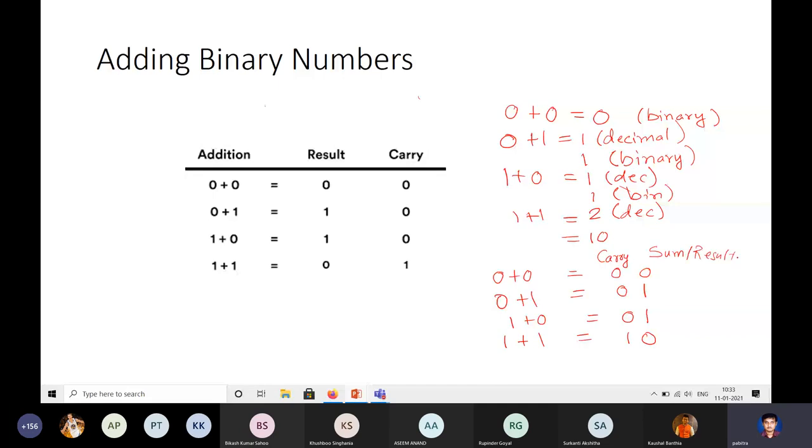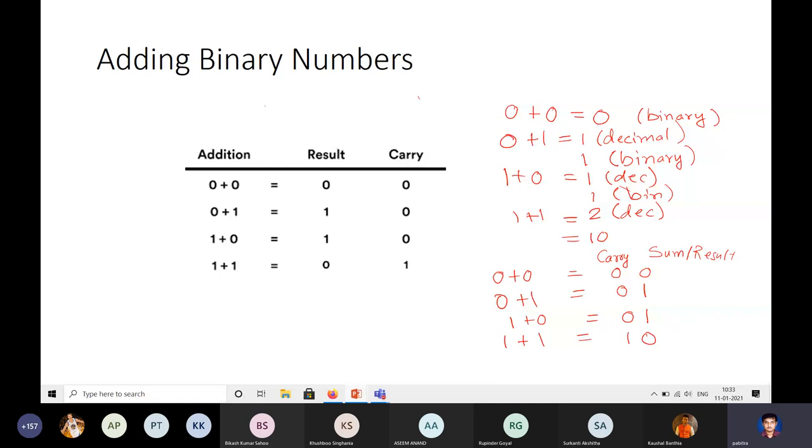Okay, so this is very simple. Instead of storing the result, naturally you cannot just store the result in a single digit because 1 plus 1 cannot be stored using a single digit. So I represent it by two digits, and the most significant digit of the result I call carry, and the less significant digit of the result I call sum or result.